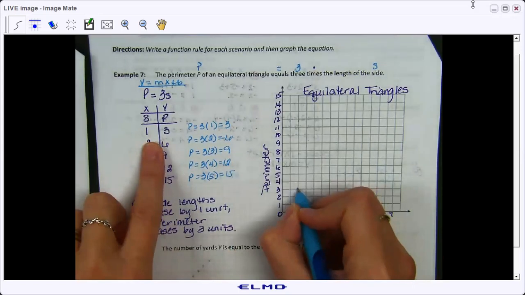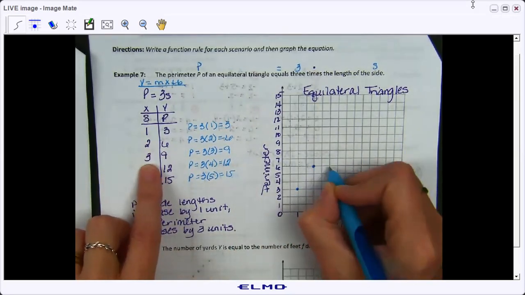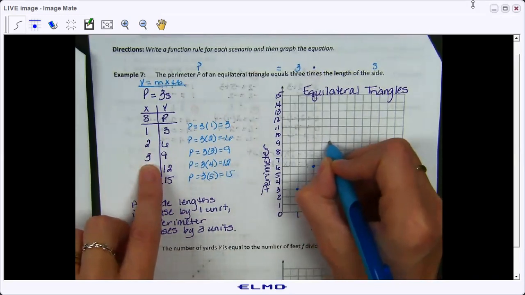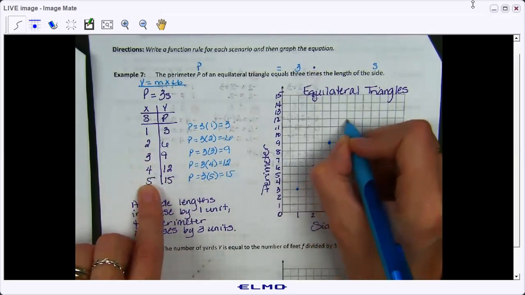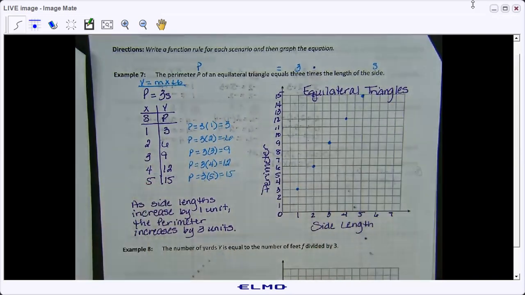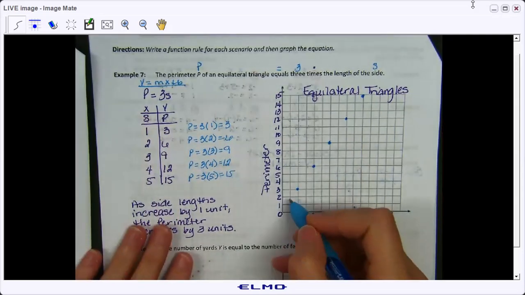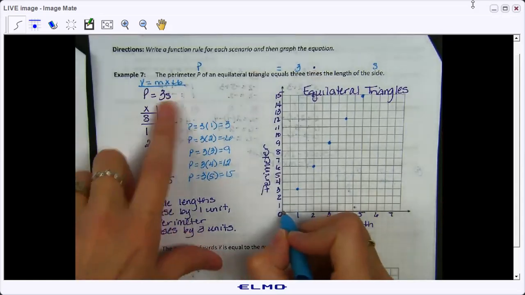So 1, 3, 2, 6, 3, 9, 4, 12, and 5, 15. Now, in this case, it's a real world problem. So when you graph your line, you will not have a, oh, and what is our y-intercept in our equation?